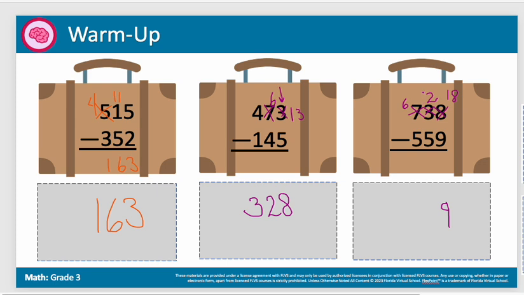Those 10 groups of 10 get added to my 2 groups of 10 to give me 12 groups of 10. 12 take away 5 groups of 10 leaves me with 7 groups of 10. So I'm going to have a 7 in the tens place value. Now 6 groups of 100 take away 5 groups of 100 leaves me with 1 group of 100. So I got 179.